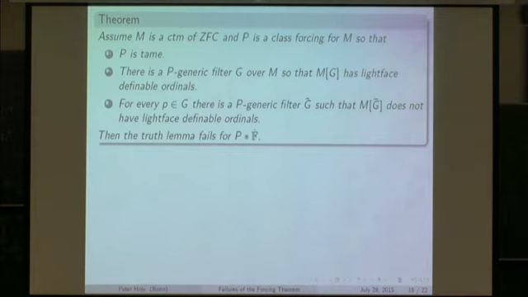The theorem says that if M is a countable transitive model of ZFC, and P is a class forcing for M, so when we want to prove the main theorem from this theorem, P will be this two-step iteration that I just mentioned.